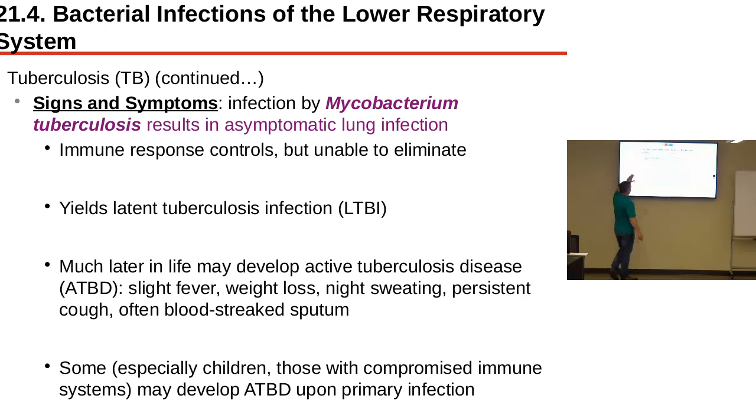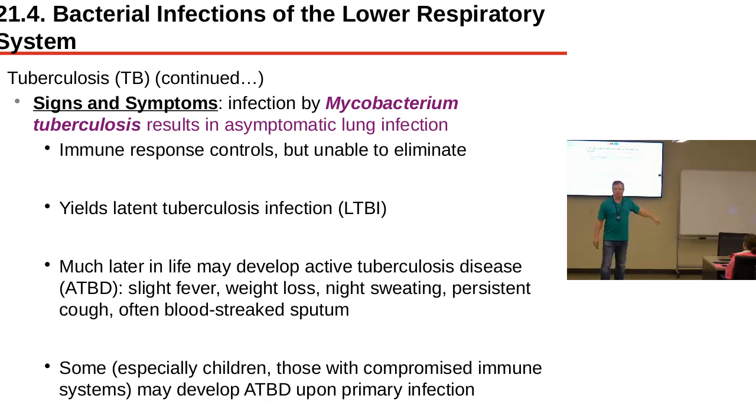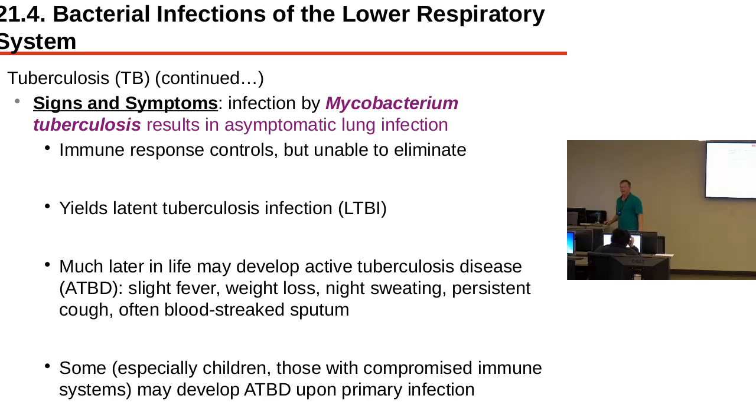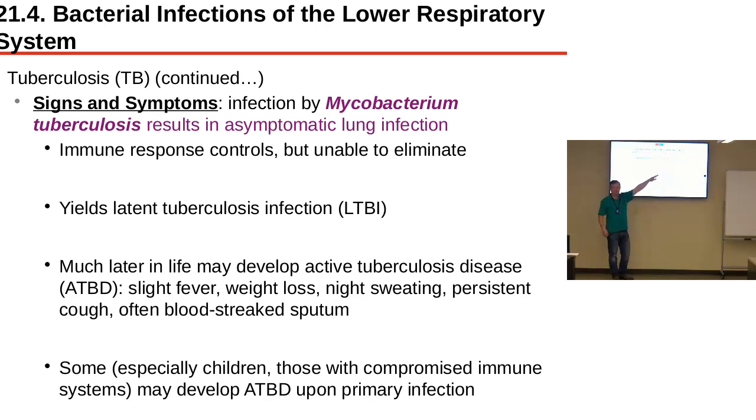So what occurs is the immune response is going to control it, but is unable to eliminate it because of that mycolic acid, because it grows so slowly. So that's going to yield what we call a latent tuberculosis infection, or LTBI. And that's where most of those 2 billion people that are infected with tuberculosis worldwide are right now. They're in LTBI, they're latent tuberculosis.